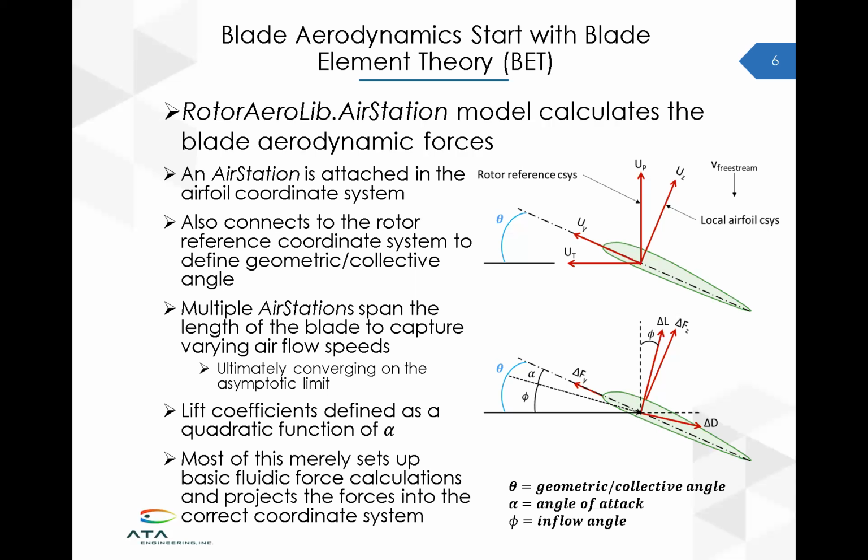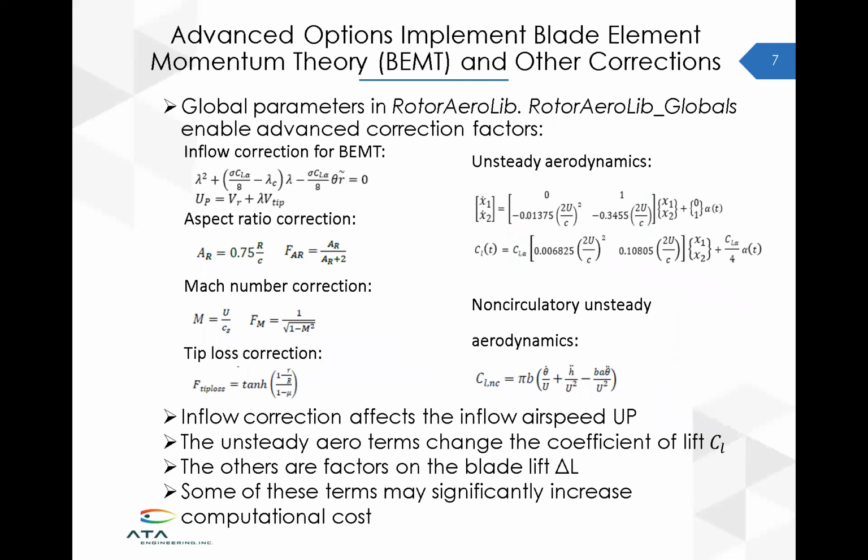In general, the basic form of the air station sets up all the transferring of the basic fluidic forces into the frame of the blade. However, if we want to do something more complex, such as blade element momentum theory, we have to add correction factors. And so a number of different correction factors are supported.